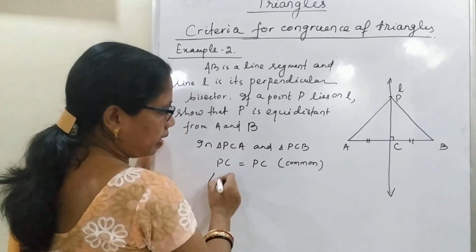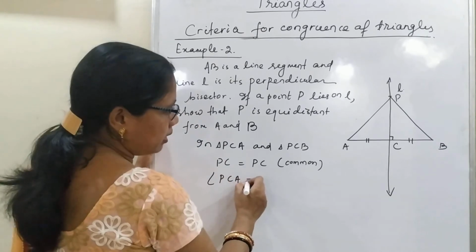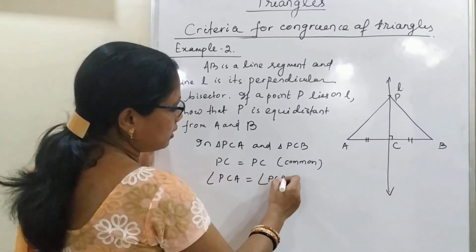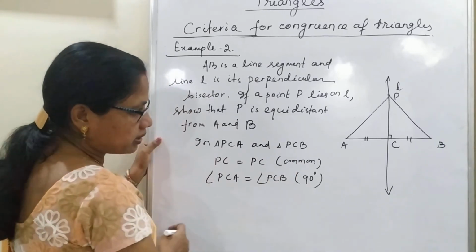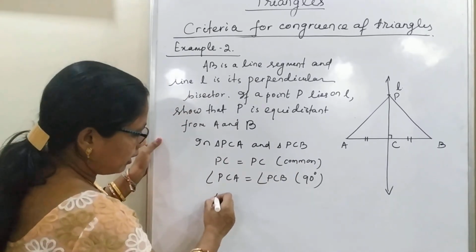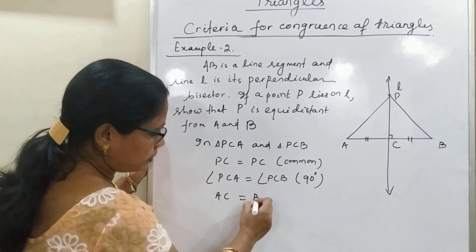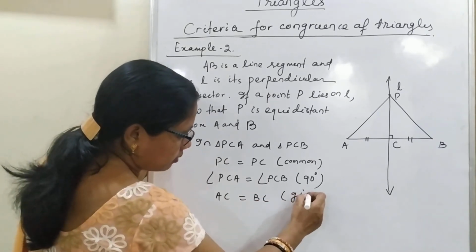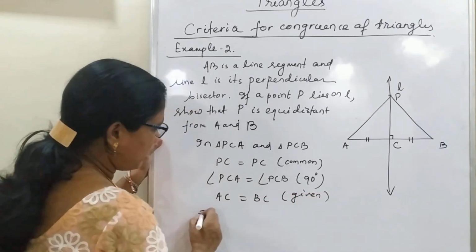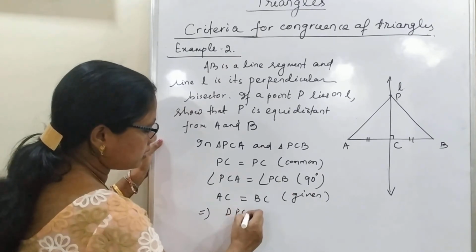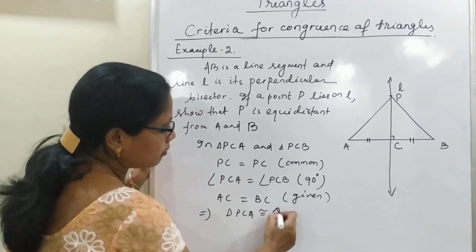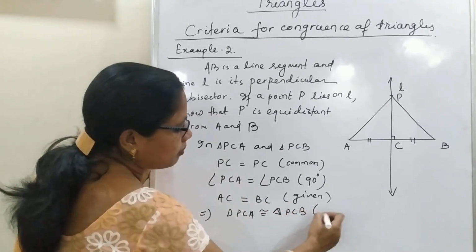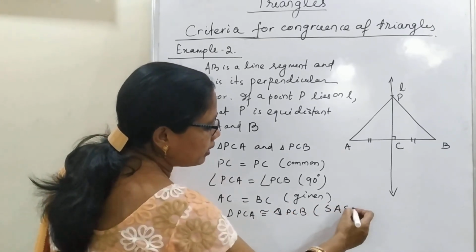Then angle PCA is equal to angle PCB, 90 degrees because it is the perpendicular bisector, and AC is equal to BC, this is given. So this implies triangle PCA is congruent to triangle PCB by the side angle side rule.